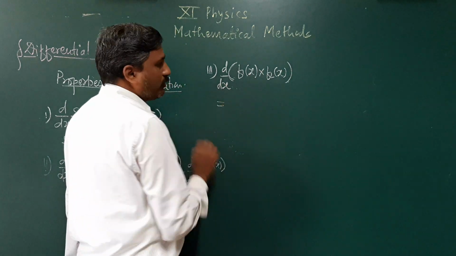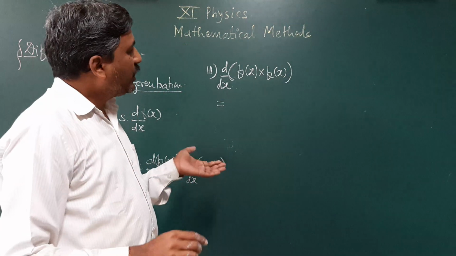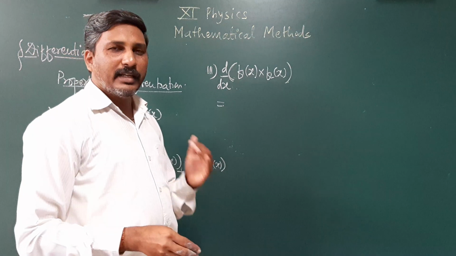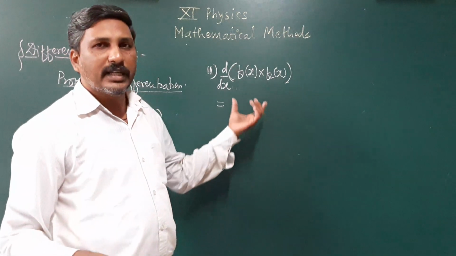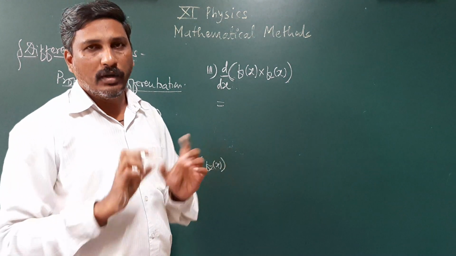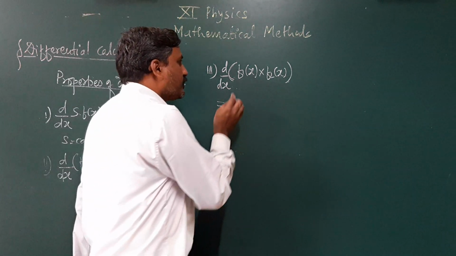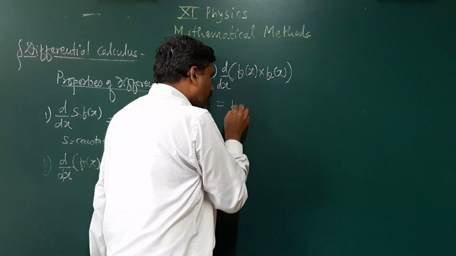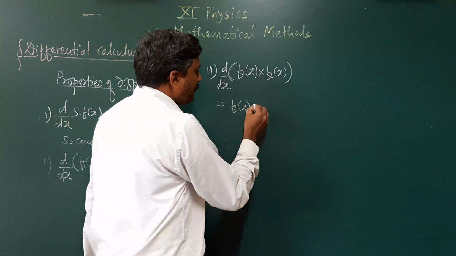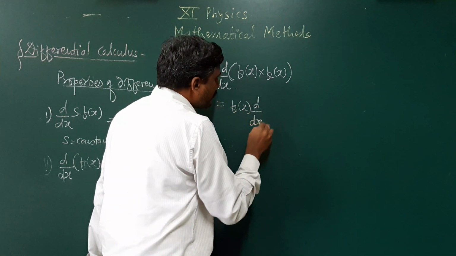Then how do you write this? In 11th or 12th standard mathematics, we study the same thing as the UV rule, alphabet UV rule. How is this? If the first thing is constant, that is f1 of x, take the differentiation of the second.